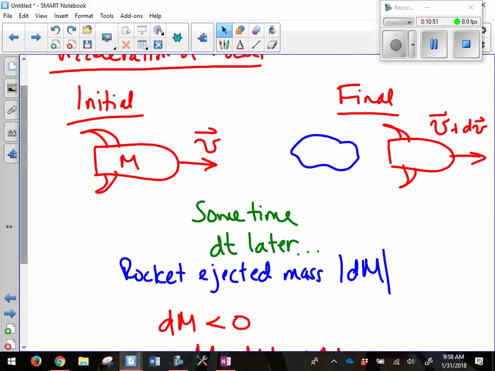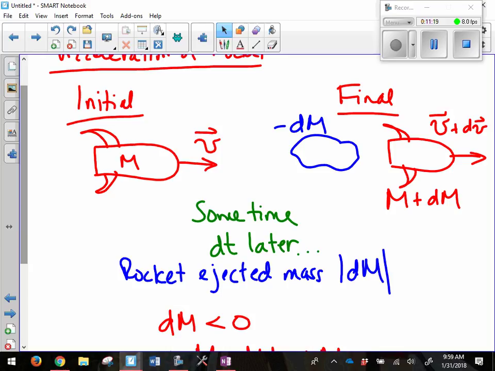So if we go back up here, the mass of our exhaust is going to be negative dm in the final state. And the mass of our rocket is going to be m plus dm. But you can see that if I add the mass of the exhaust and the mass of the rocket together, I'm still just going to end up with m. Okay?